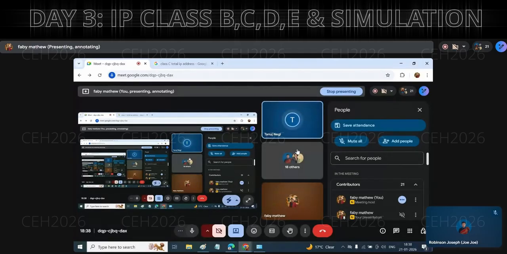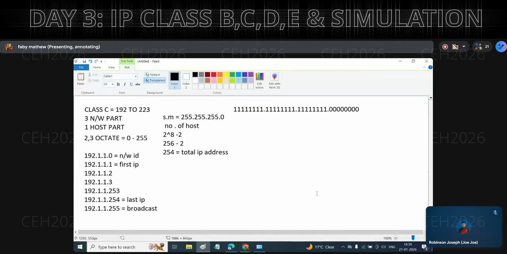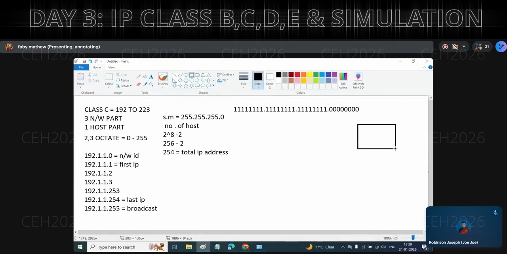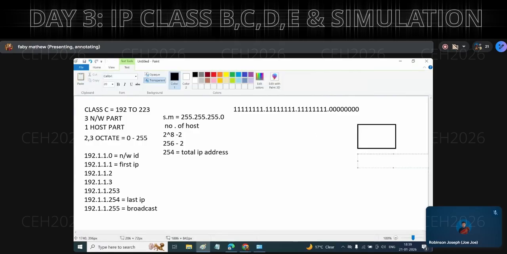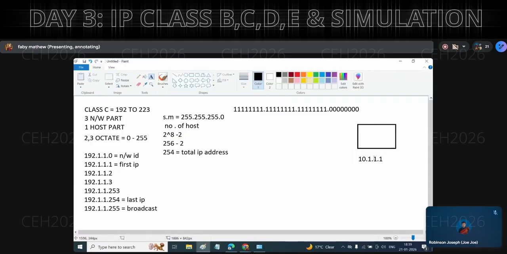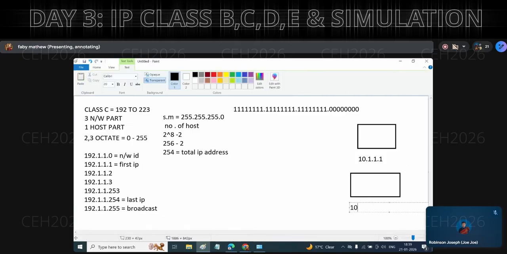And sir, if someone puts the same IP in both machines, then? Suppose that in the first PC in your graphic era lab, okay, the IP address 10.1.1.1 is already configured, and by chance anyone comes to the lab and configures the IP address 10.1.1.1.